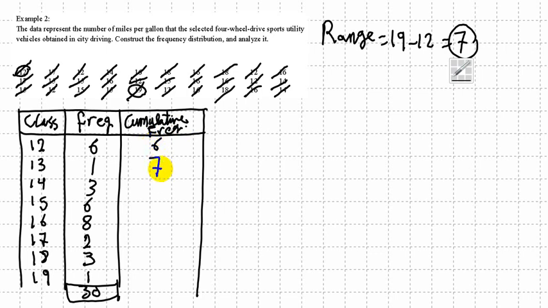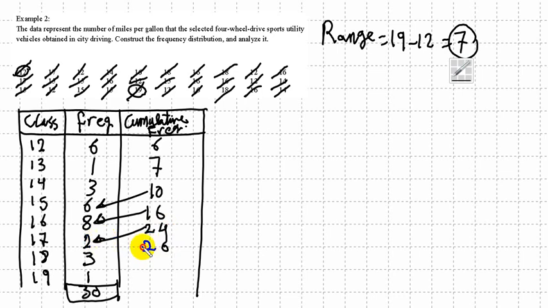How many students get less than 14? I add 3, 1 and 6, so 7 plus 3 equals 10. How many students get less than 15? We add 10 plus 6 equals 16. Less than 16, 16 plus 8 is 24. Less than 17, 24 plus 2 equals 26.